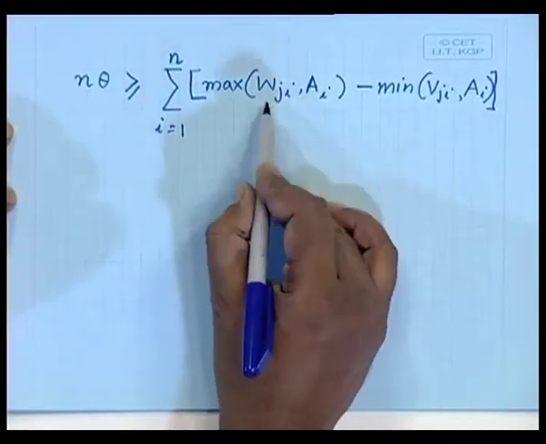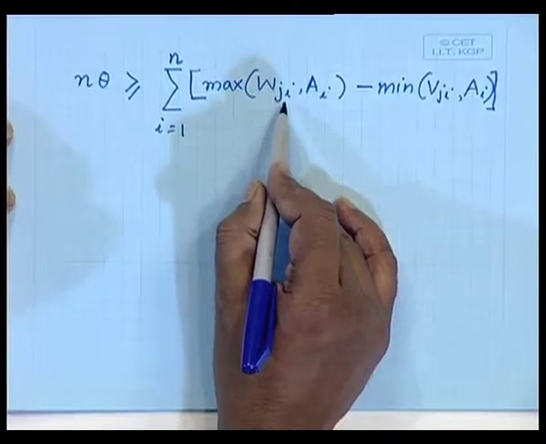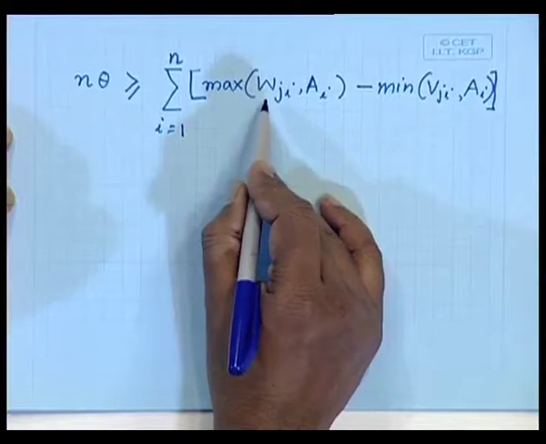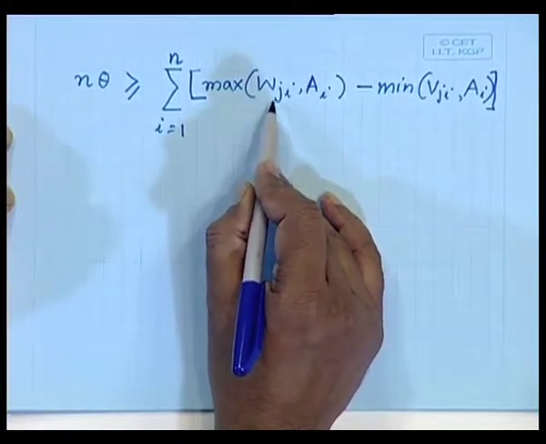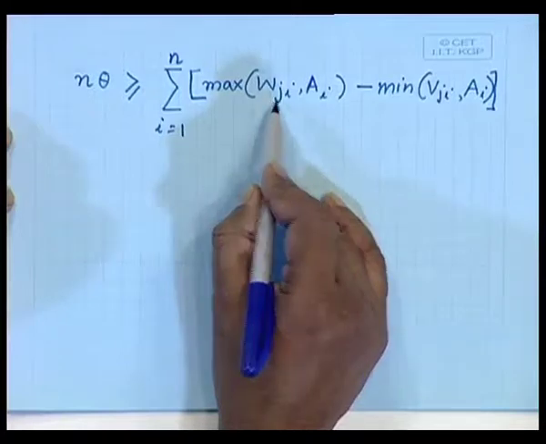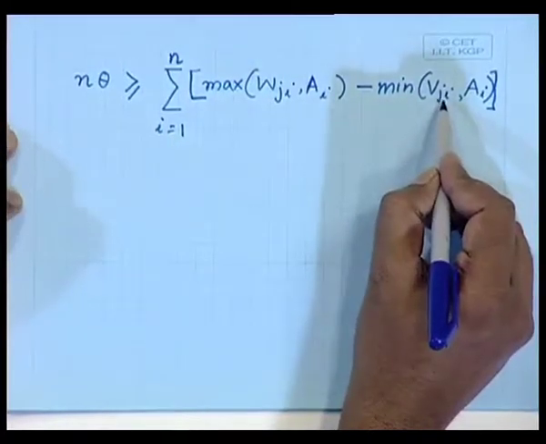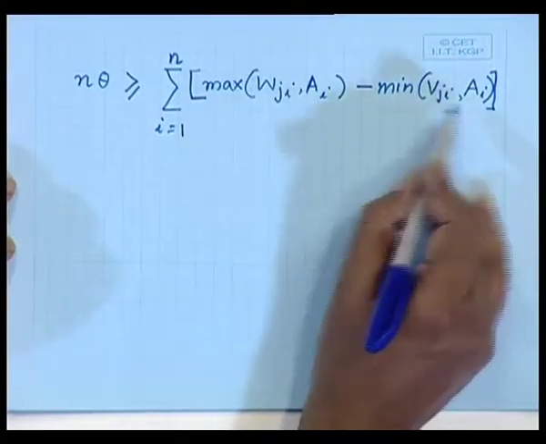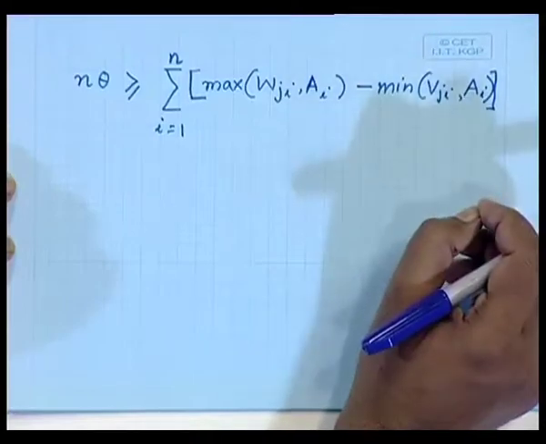Wji represents the ith dimension of the max point of the jth hyperbox. Similarly, Vji is the ith dimension of the min point of the jth hyperbox. ai is the ith component of the feature vector which is to be included in the jth hyperbox.